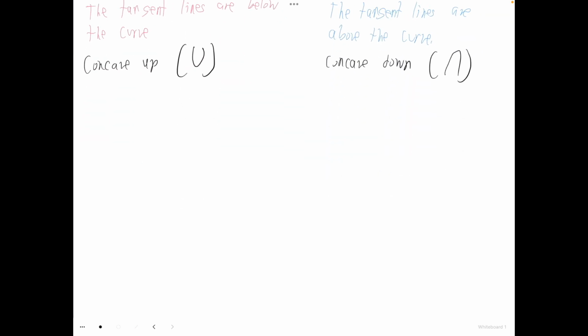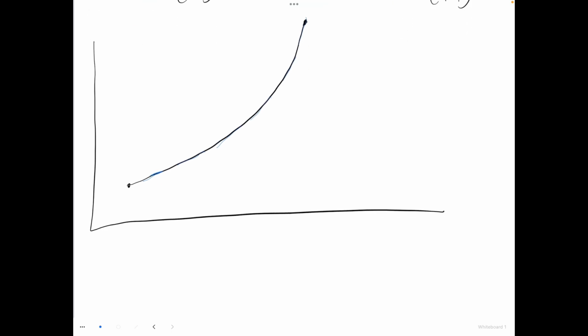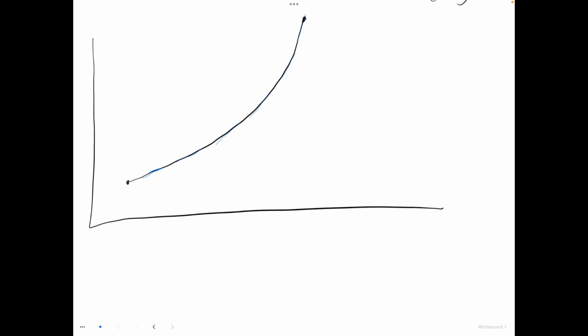In a concave up graph, I'm going to redraw it just to make it a bit bigger. Notice that as I draw these tangent lines, the slopes of the tangent lines are getting bigger. This can be easier to see if you think of a parabola: you're almost flat at the very bottom, and the slopes get bigger and bigger as you go up the side.